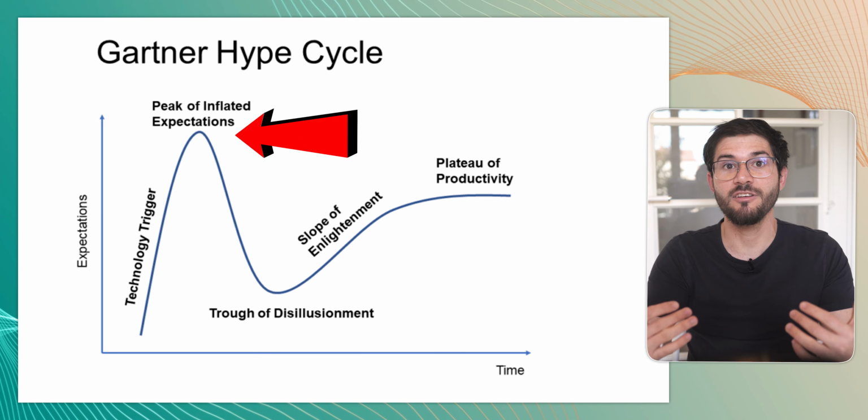Bias number 2 is called confirmation bias, and it is the tendency to seek, interpret, and remember information in ways that confirm our pre-existing beliefs, while ignoring or dismissing evidence that contradicts them.